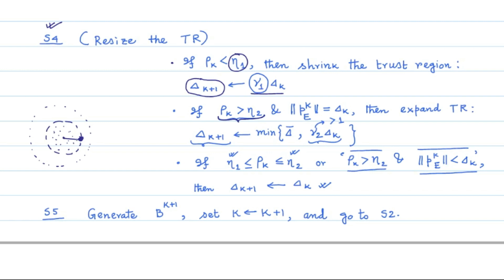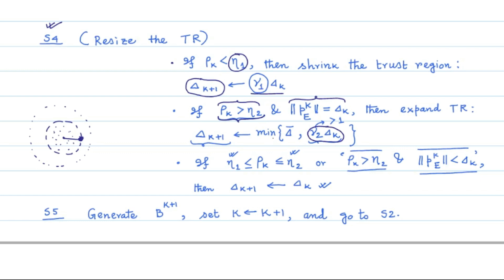Therefore, when the reduction ratio is bigger than the happy threshold and the trust region step is lying on the boundary, we increase the trust region radius as a multiple of the previous trust region radius.